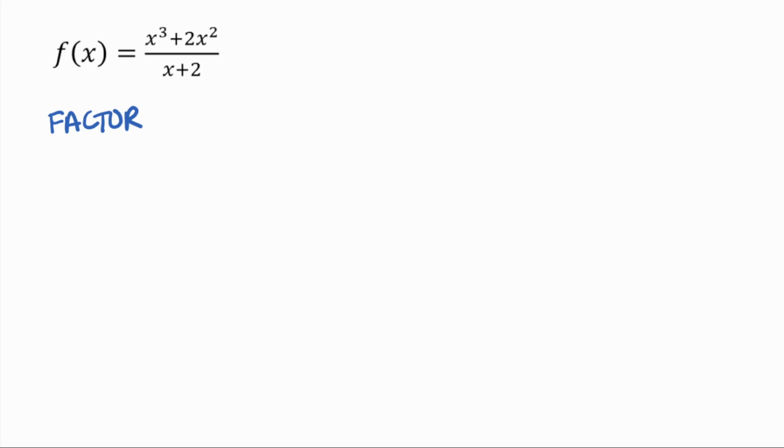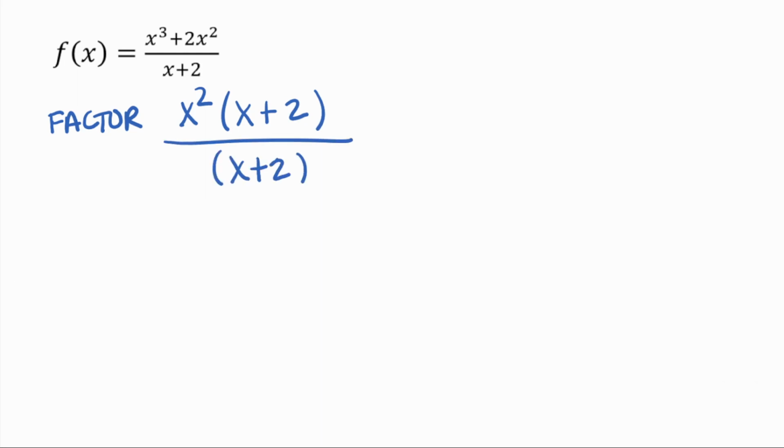I'm seeing a greatest common factor in x to the 3 and 2x to the 2. It's those x's. So I can factor out 2 powers of x from the top and be left with an x plus 2. And then I'm dividing by x plus 2. So I'm going to simplify by canceling off those factors. I'm going to say that this is equal to x squared with a hole at x equals negative 2.